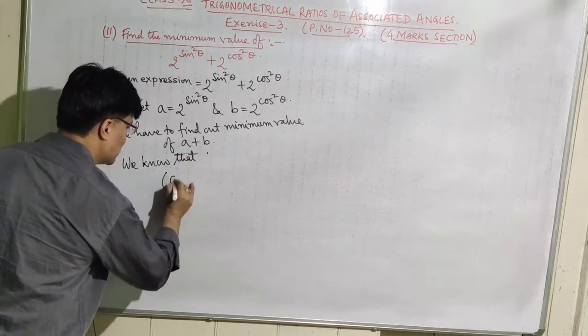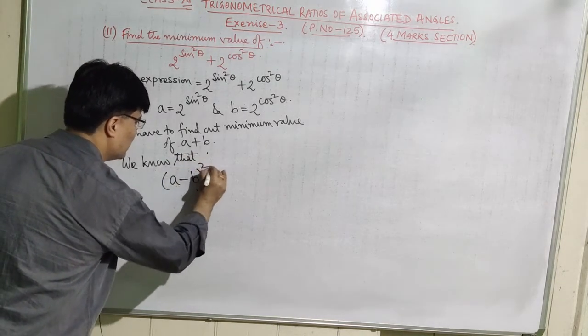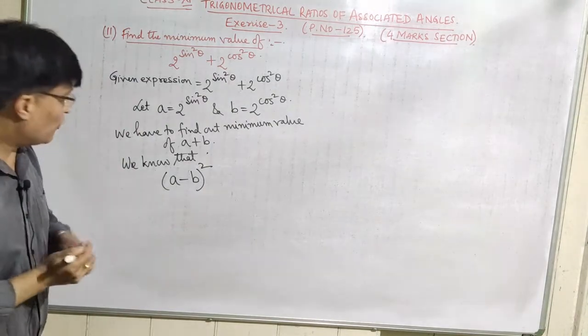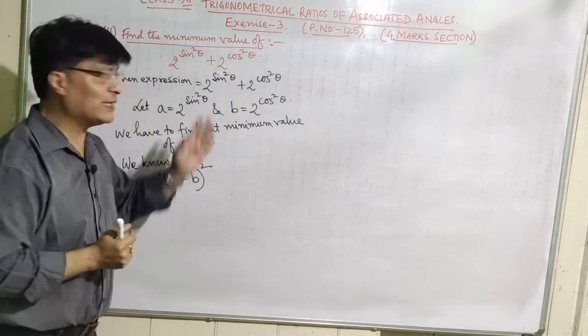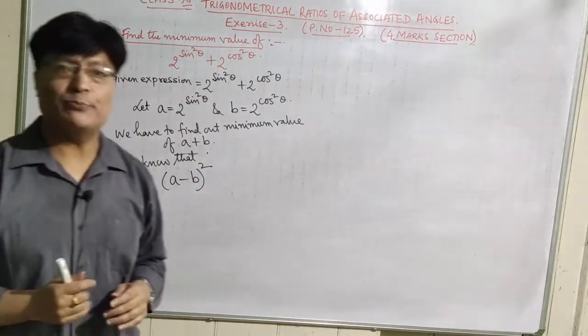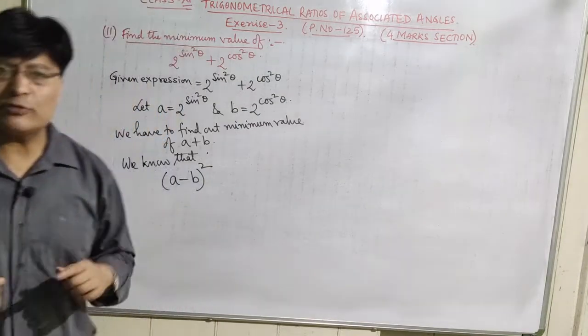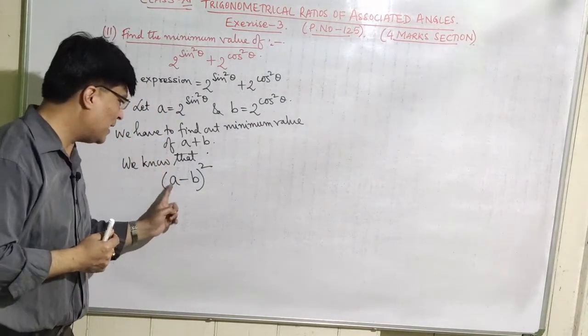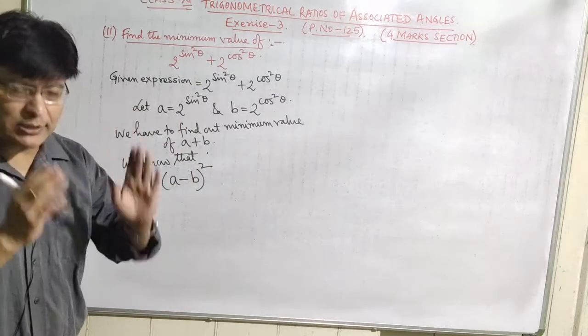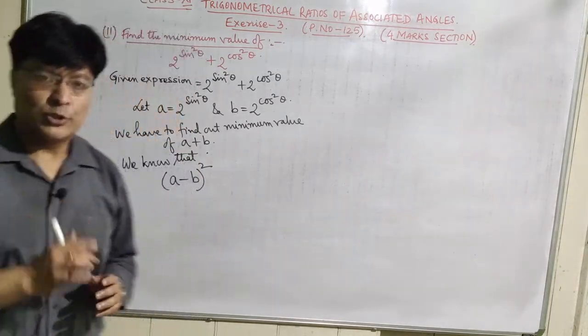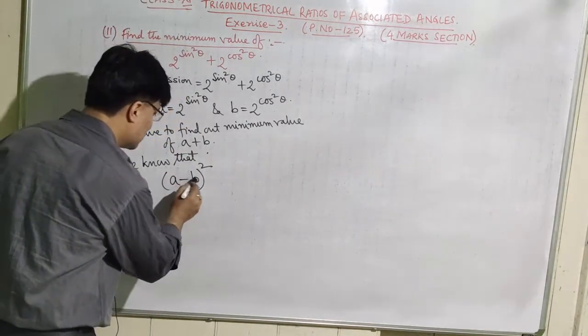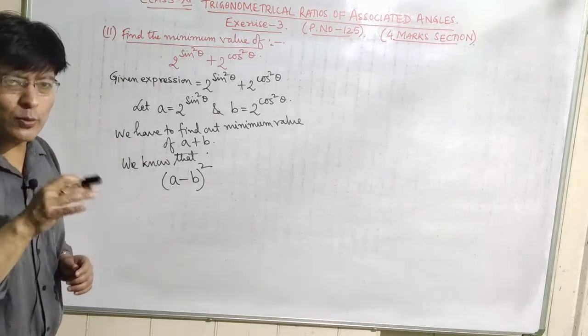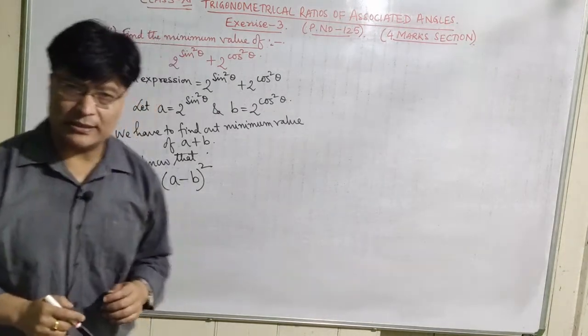let us write down this expression, A minus B whole square. So from this expression we can get the minimum value of A plus B. So how can you find out the minimum value of A plus B from A minus B whole square? So let us do it now. So A minus B whole square is always a positive quantity, isn't it?